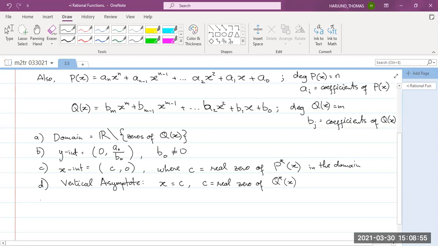Now part E, horizontal asymptote. Follow this rule. First, if the degree of the numerator is less than the degree of the denominator, then the horizontal asymptote is given by y equals 0.